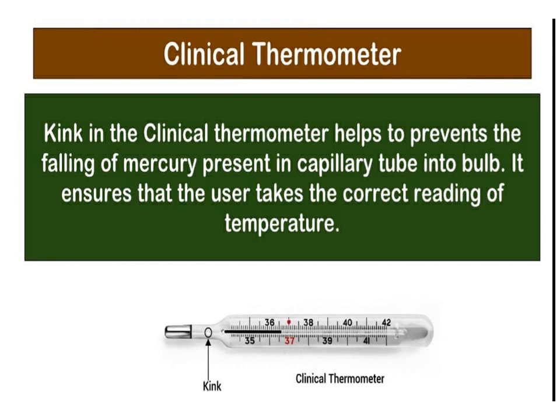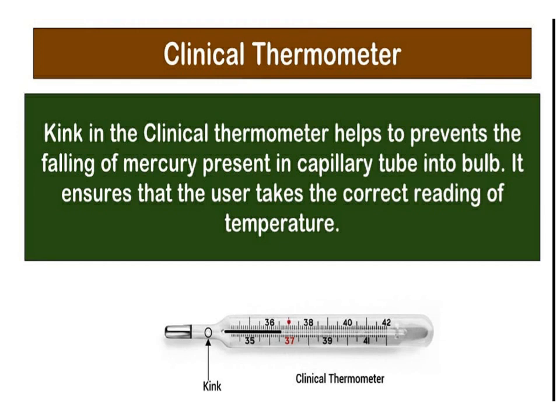And there is a dot like structure given here also, that is known as kink. Okay, so kink prevents the mercury from falling back to the bulb so that we can do the reading of the thermometer. It ensures that the user takes the correct reading of temperature.